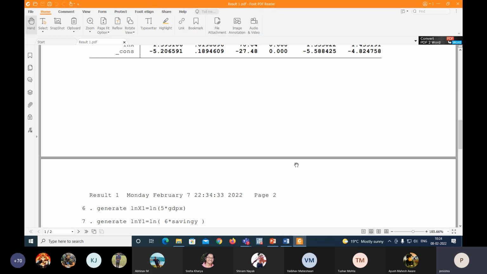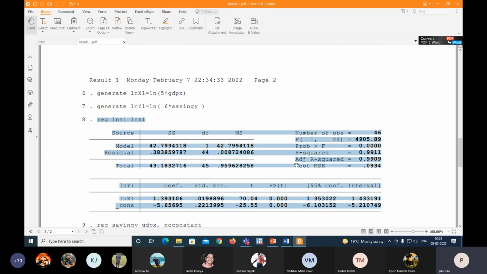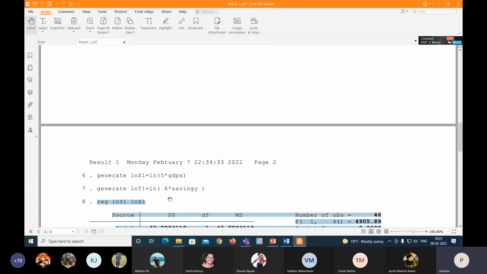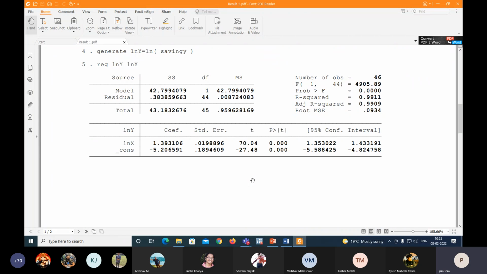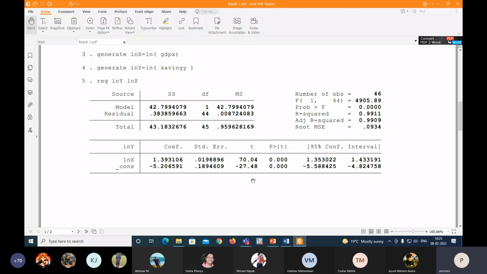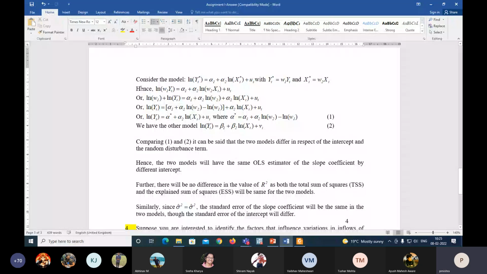And when we compare these two sets of results, you can very well see the difference is only in respect of the intercept. You see the intercept is different. You see the standard error is different, and also the t statistic. Other than the results for the intercept, the rest of the results remain the same. And the mathematical derivation for this is given here.